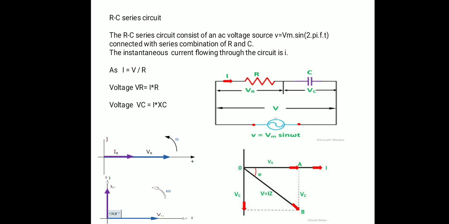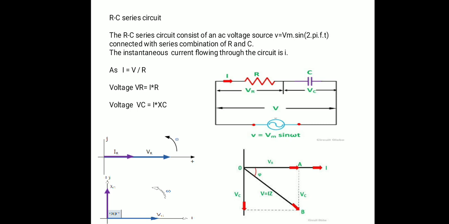How do we draw these phasors on the same reference axis? What is the procedure? First we have to draw the reference axis, and after that draw any one phasor on it. Suppose we draw the current phasor on the reference axis, so first we draw IR. After that you have to draw the phasor for the voltage.